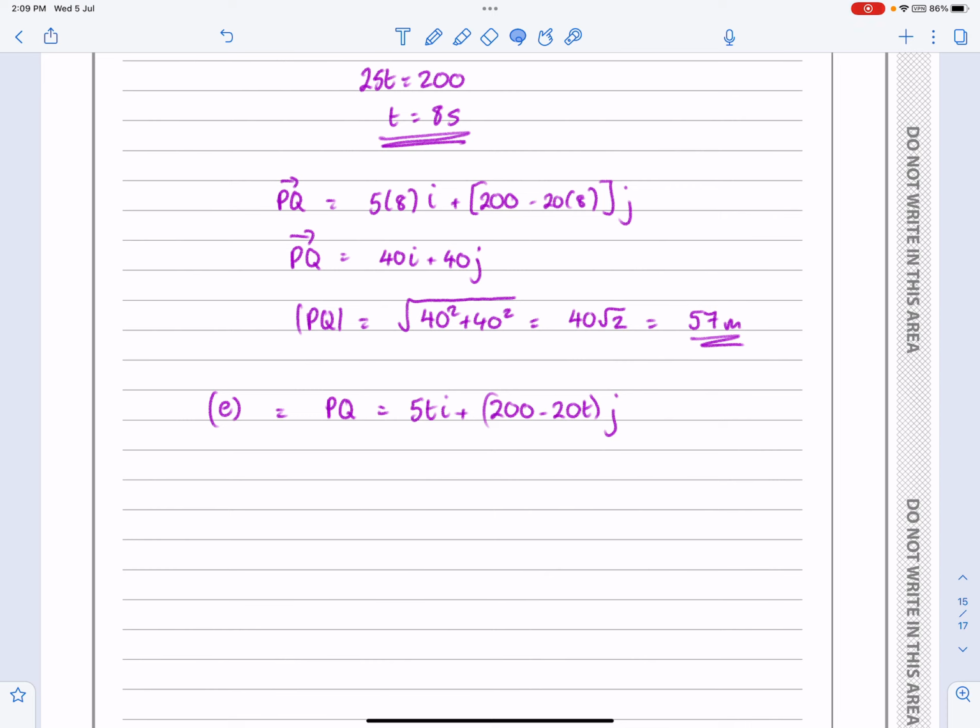So that means the square root of, just be careful writing this all out so we don't make any algebra mistakes here, (5t) squared plus (200 minus 20t) squared, that's going to equal 200.